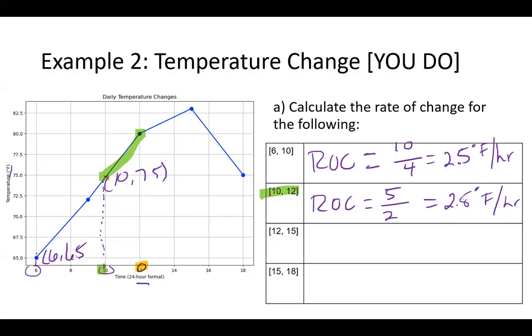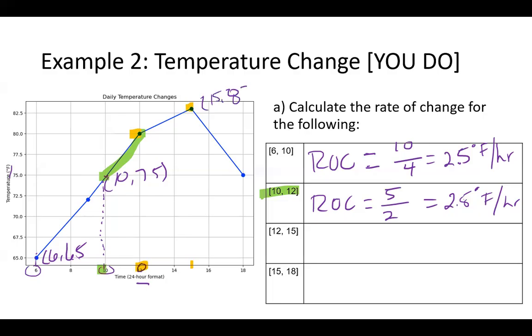All right, the next interval it said to look for is from 12 to 15. So we're at 12, still right here. And now we're going over to 15, which is right in the middle here. So from 12 to 15, how much did I go? I went from 80 to, I'm going to call it 83.